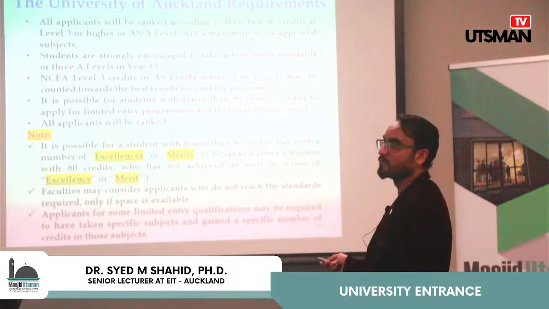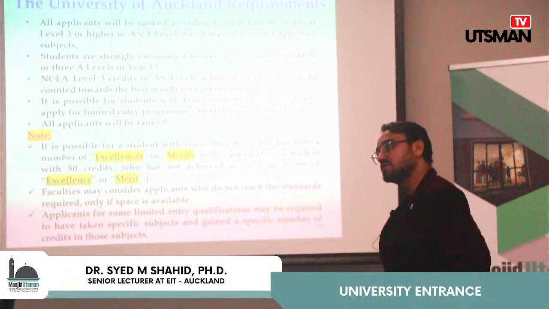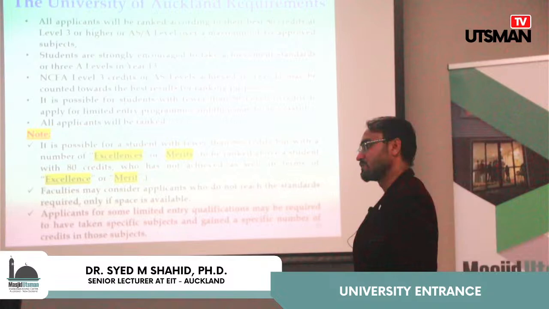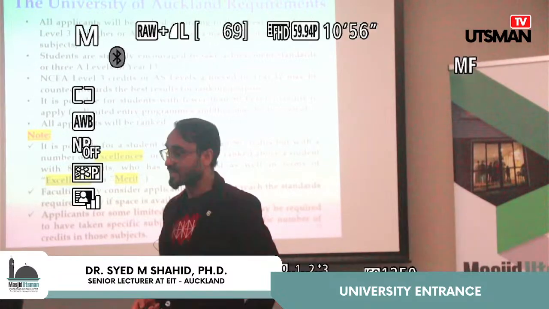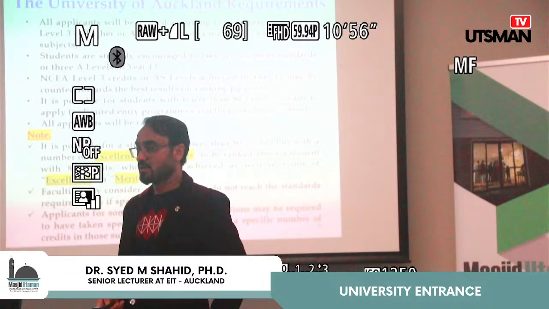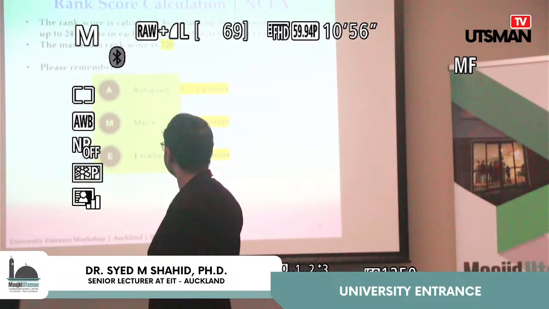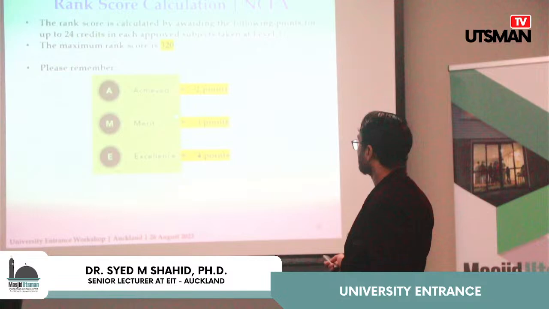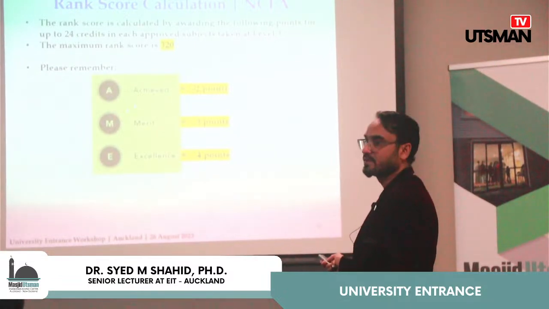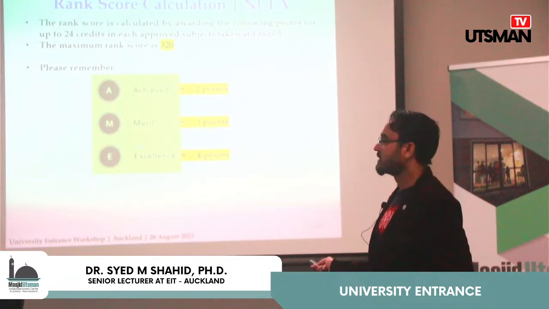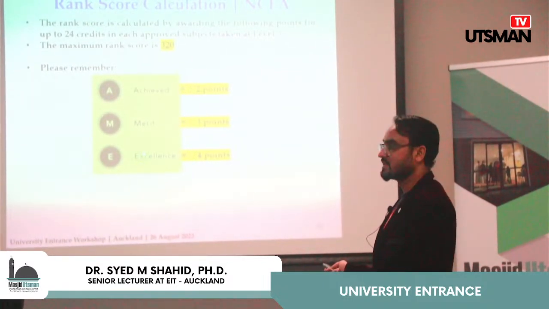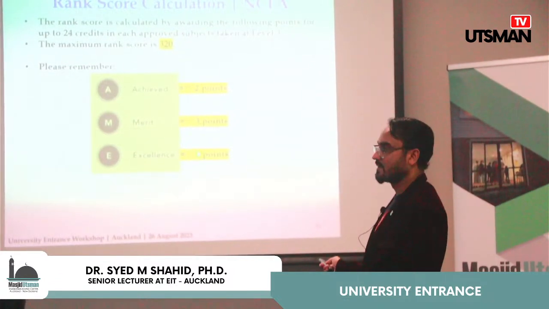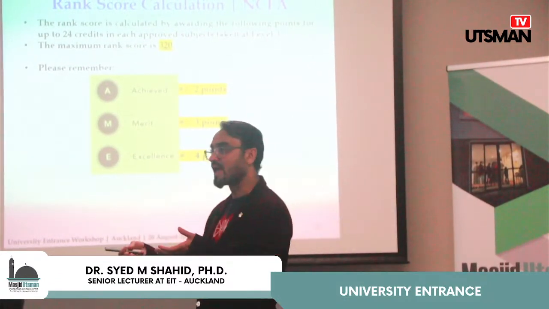Students always need to try to achieve different courses, different assessments, different credits with excellence, because if you only achieve, you get 2 points. If you achieve with merit, you have 3 points. And if you achieve with excellence, you get 4 points, and on this basis, universities rank you.